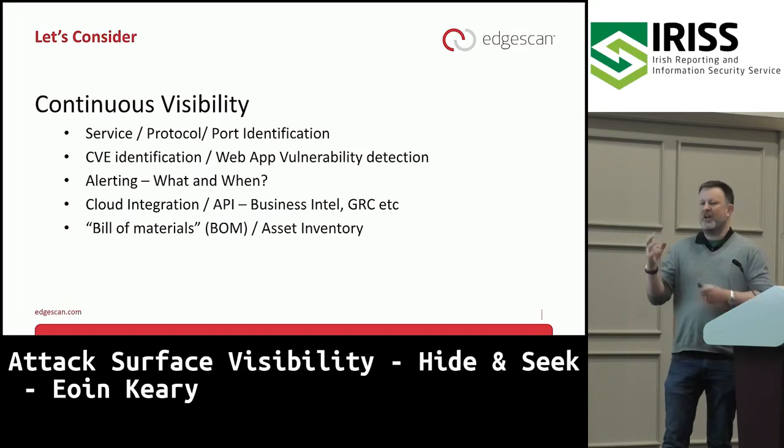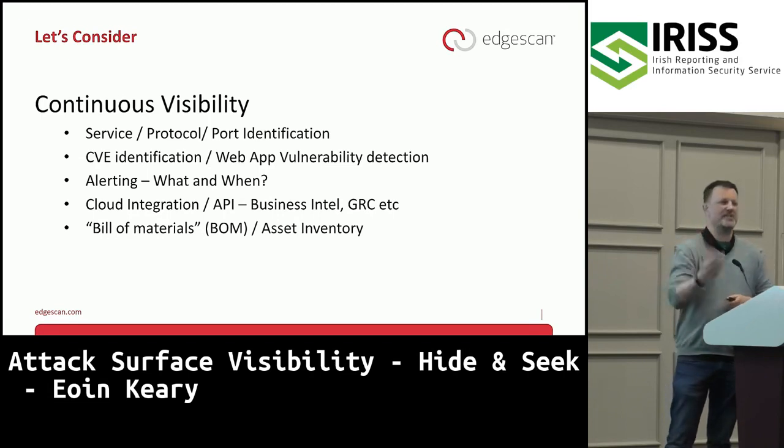We need continuous visibility, in effect, to keep abreast of what's going on, right? Because we're continuously changing. So from a production environment, you could have things like protocol ports. It's continuous asset profiling.